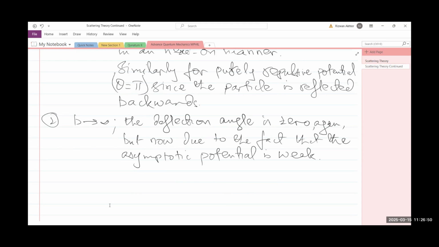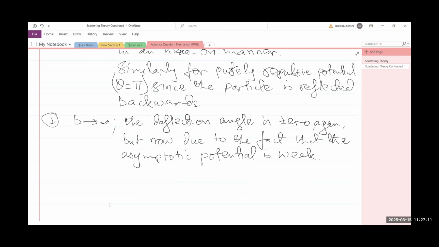ठीक है ना? तो इसका यहाँ पर मकसद अगर हम कह रहे हैं b parameter, which is the perpendicular distance between the axis of the target particle and the beam of incoming particles. अगर यह b is tending towards infinity, then the deflection angle is zero.